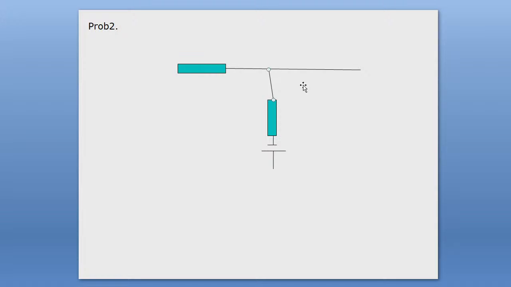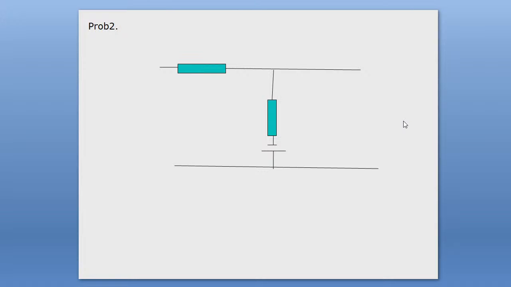Okay, like this. Then this is a four terminal network, then you complete it, and another terminal this side. Okay, this is a four terminal network or two-port network.